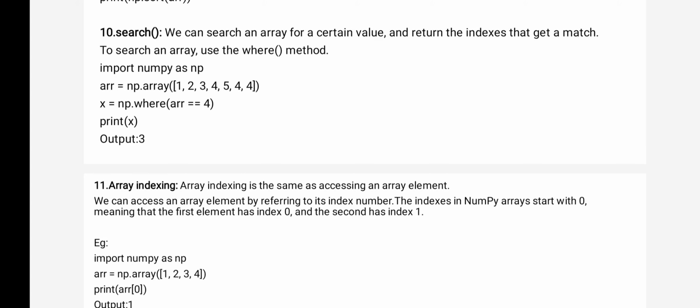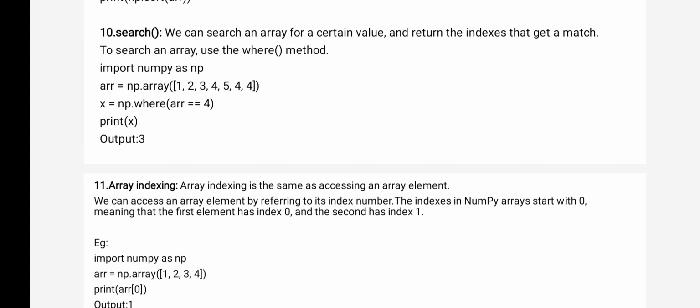In this example, in order to store the index number, I am using one variable, x. x equals numpy.where. Where is the method; using that method you can find out the position of an element.